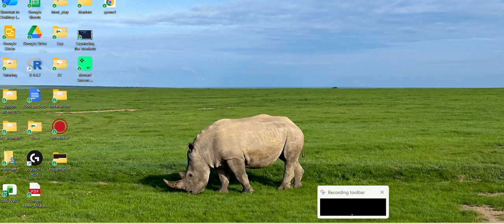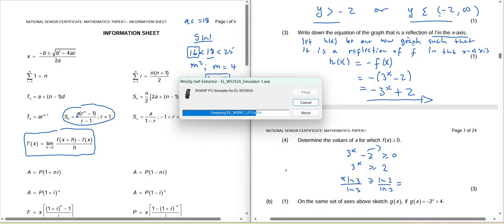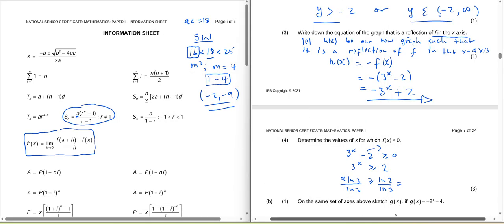Was it a minus or a positive? Let me check. We said ln 2 divided by ln 3. Oh, it was a plus. So we had 0.63, or usually they say to 1 decimal place unless otherwise stated. So we could also have said for x greater than or equal to 0.6.